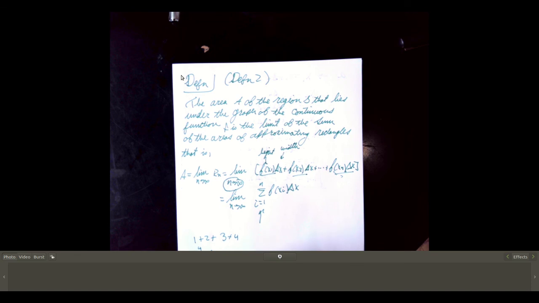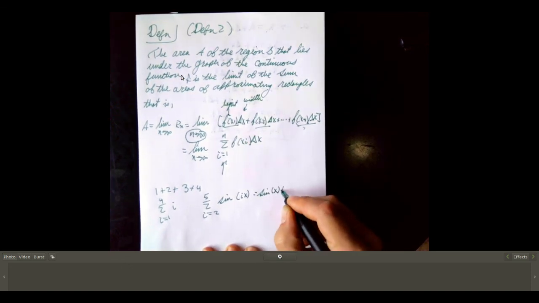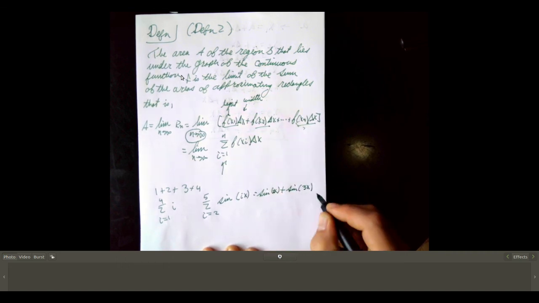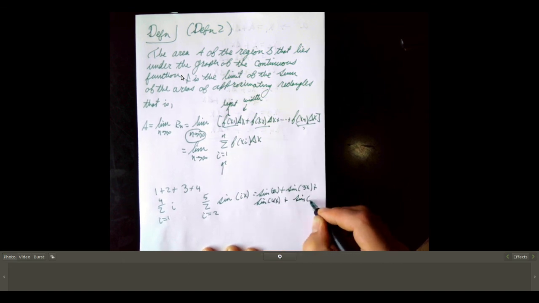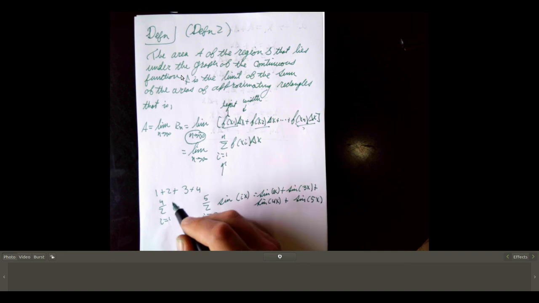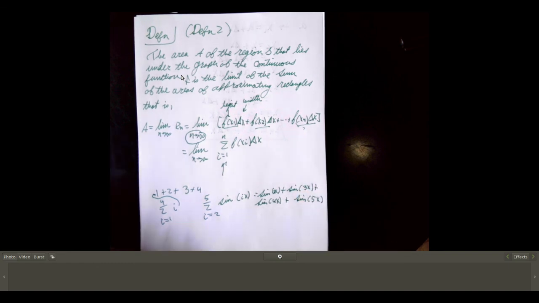You could write the sum as i is equal to 1 to 5 of the sine of ix, which is the sine of x plus the sine of 2x plus the sine of 3x plus the sine of 4x plus the sine of 5x. So this sigma just denotes repeated addition. This is just a refresher. So now let's start with example 3.